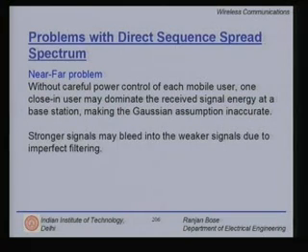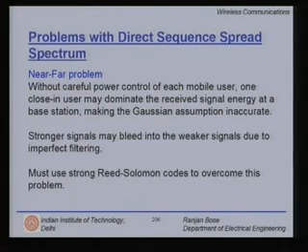Stronger signals may bleed into the weaker signals due to imperfect filtering. If that happens, we are forced to use strong error correcting codes like Reed-Solomon to overcome this problem. So, this is one of the biggest impediments.